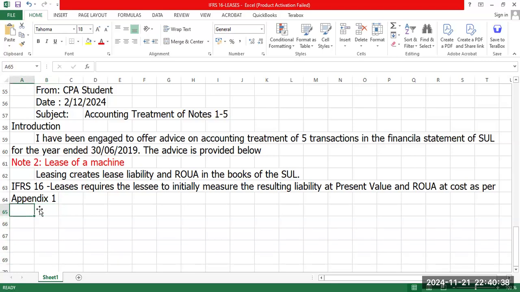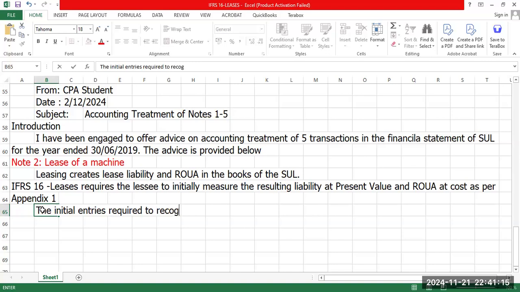Of course, here we will also need to bring in the double entries, because section B is all about reporting. You have to talk about everything. The initial entries required to recognize the lease.